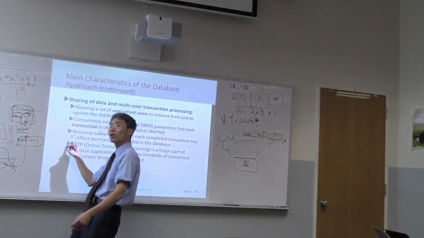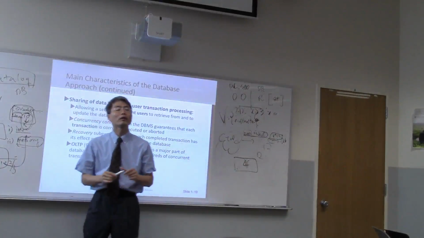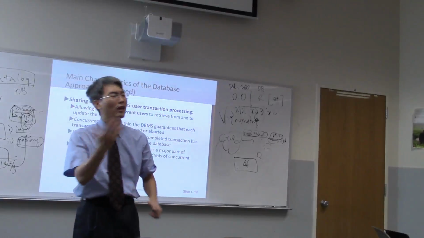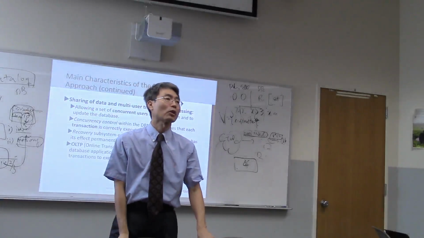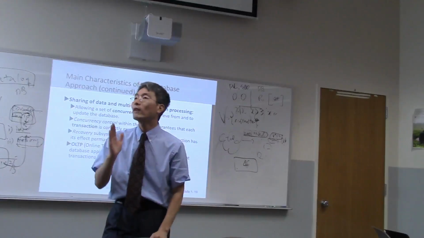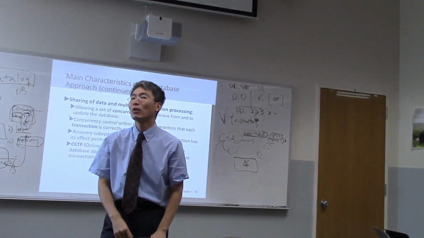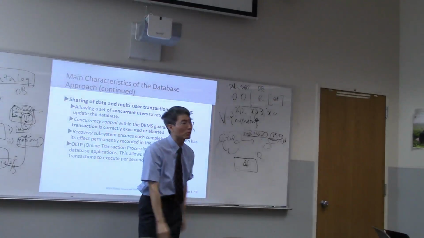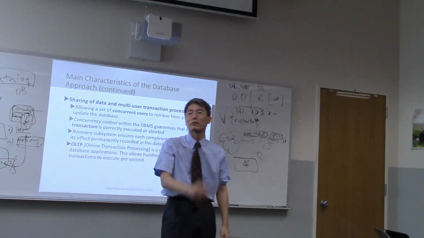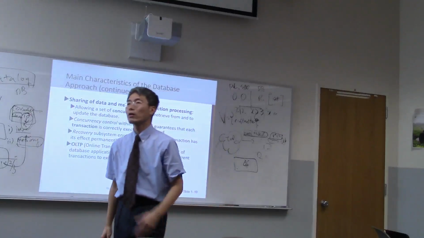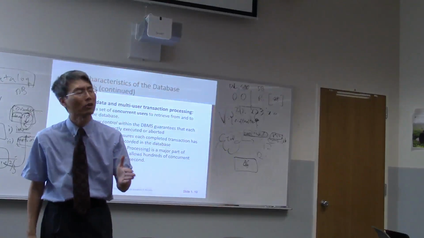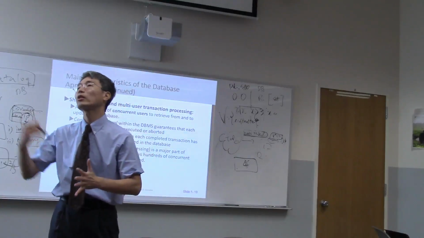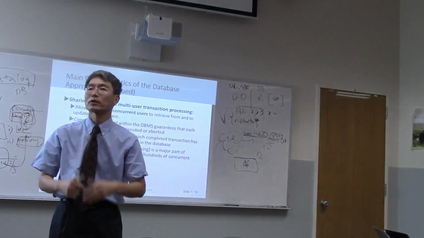The solution is transactions. For example, when SQL Server was first released by Microsoft, it was only for a single user. When you have only one user, you don't have to worry about concurrency control or multiple transactions. But Microsoft wanted to support, from Windows 95 and Windows NT, multiple users logging in to one operating system.